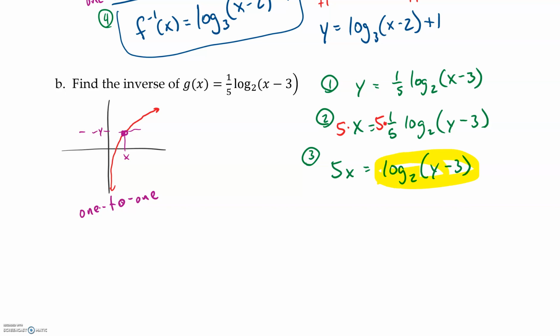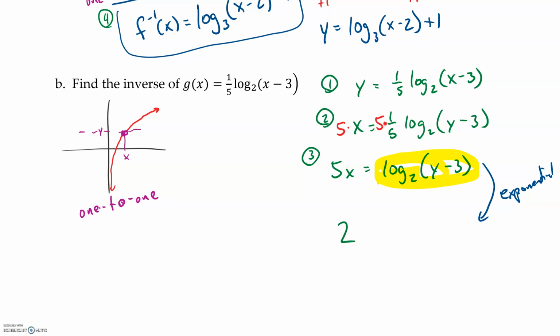So to undo that, I want to do the logarithmic step, but in reverse. I'm going to create an exponential expression where 2 is going to be the base. So the base stays the same. We're going to have base 2.